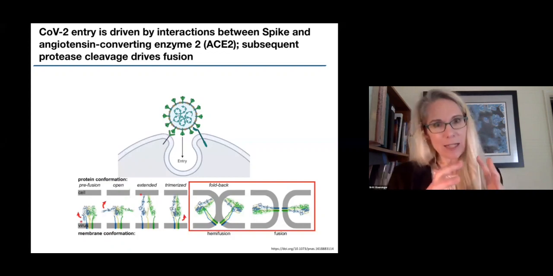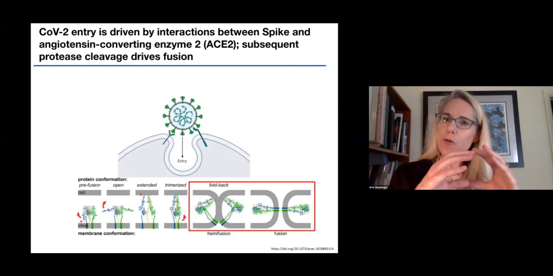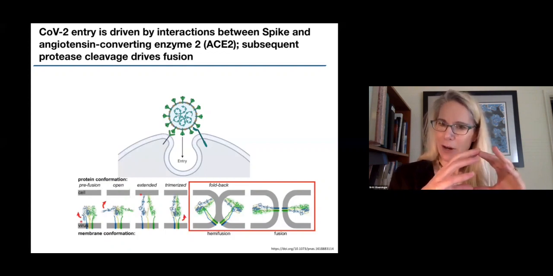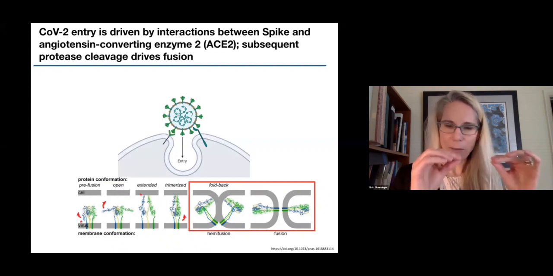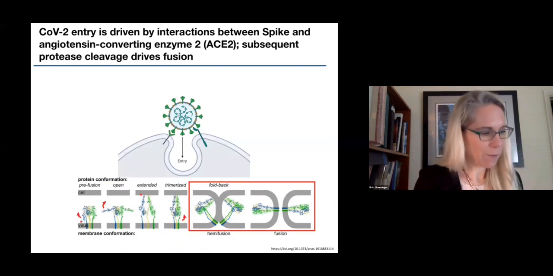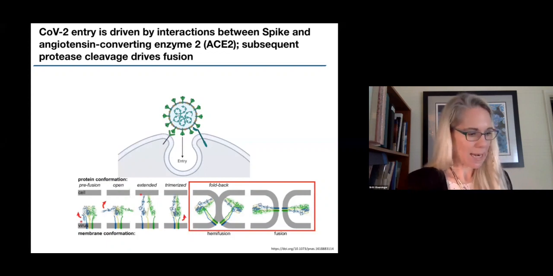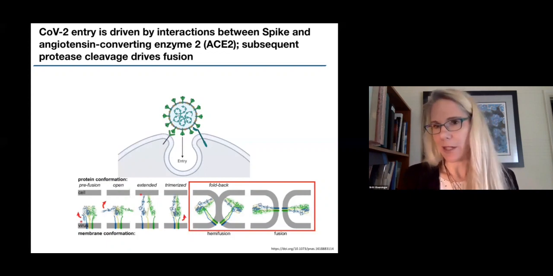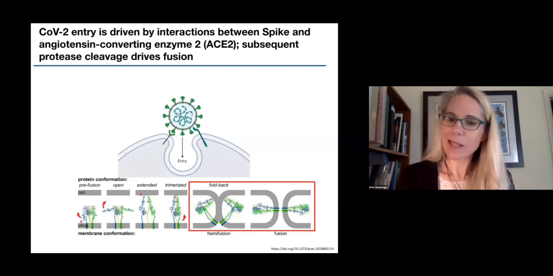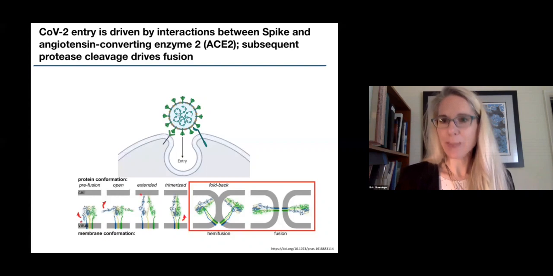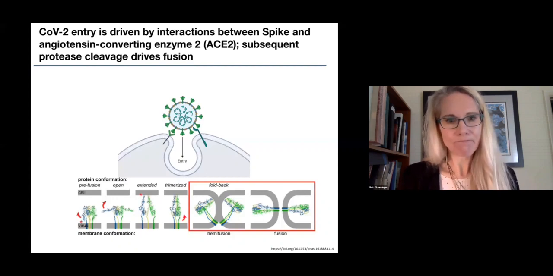And that progressively pulls the two membranes together, the viral membrane that is encasing the viral genome and the host plasma membrane, ultimately promoting fusion. The final post-fusion state is always a trimer of hairpins. So what this is doing is allowing the virus to deposit its genome, which is the payload for the virus, into the cytoplasm.